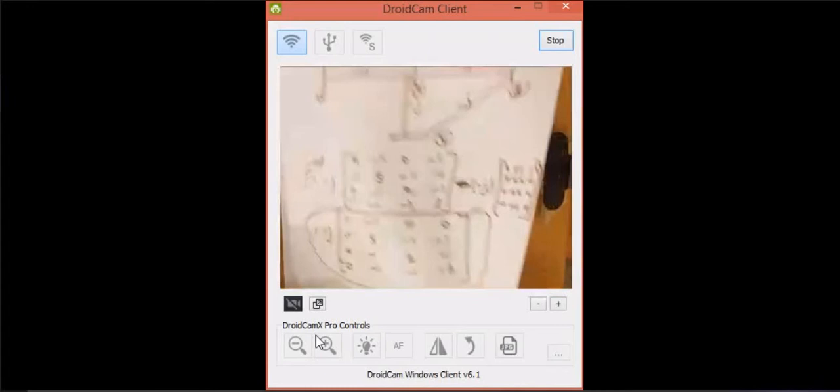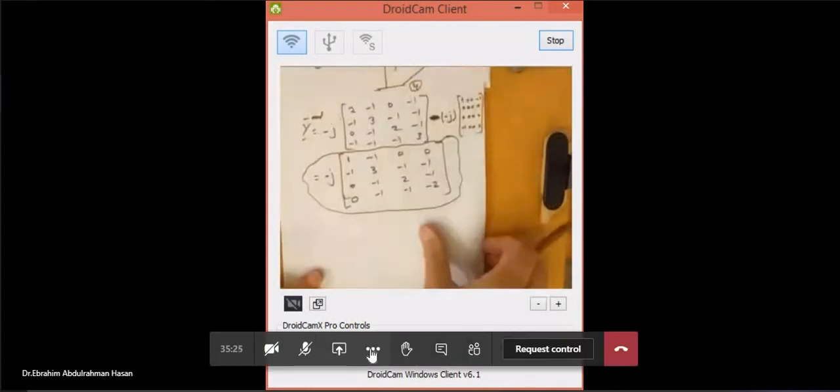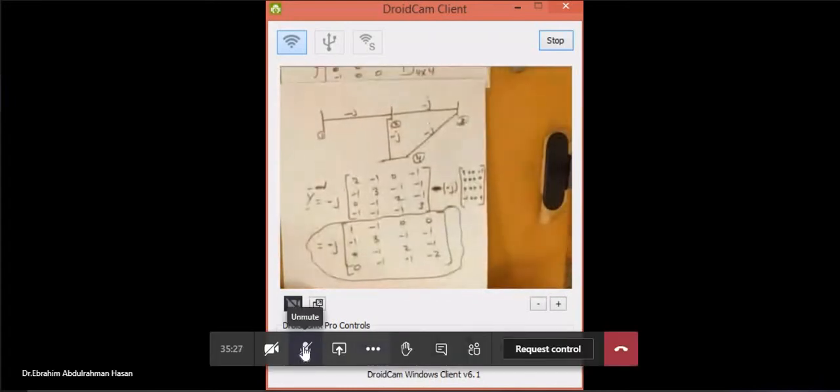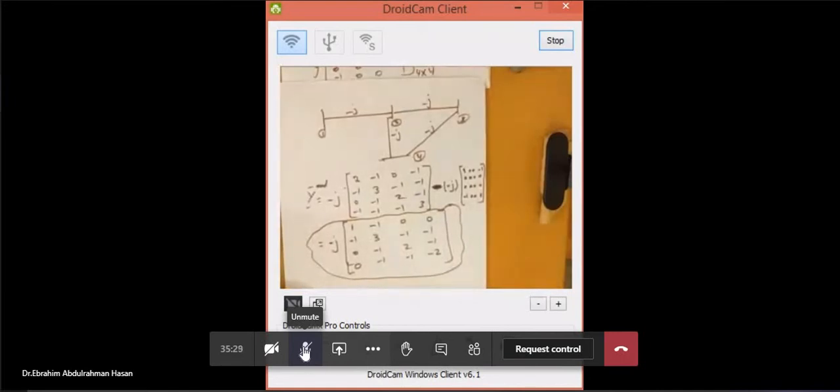Okay, let's add something. If I want to add a line between 1 and 3, this line is a medium transmission line.